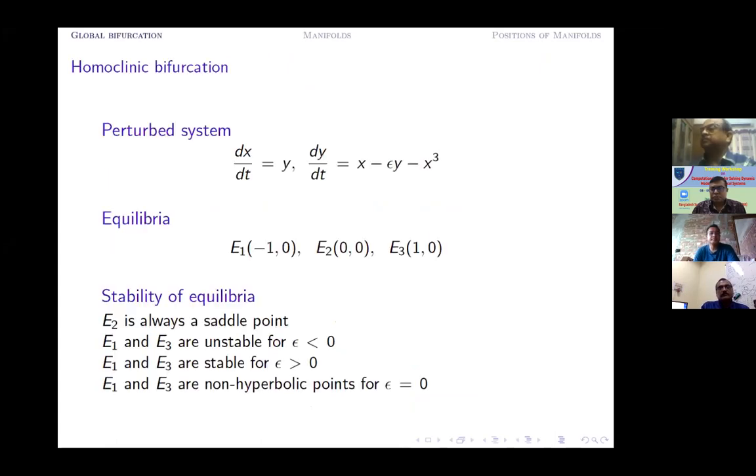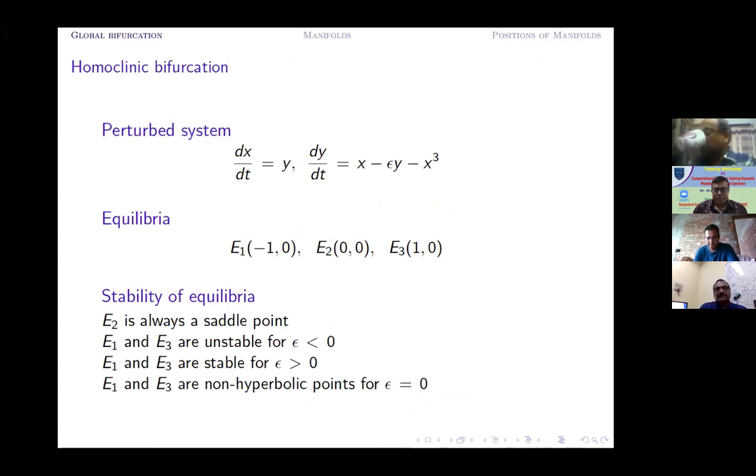So let us consider a very simple example. This is a toy problem. If I recall correctly, because I have used this example at several places, I can't recall exactly where I took it from, but if I'm not wrong, probably from the book by Jordan and Smith on nonlinear ordinary differential equations.